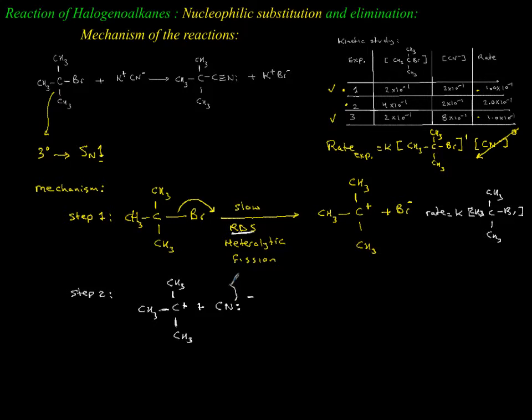The lone pairs are going to attack the positive carbon fast, so the rate is not changed due to its concentration, and it will give you CH3, CH3, CH3, and a new organic homologous series of nitrile comes to life.